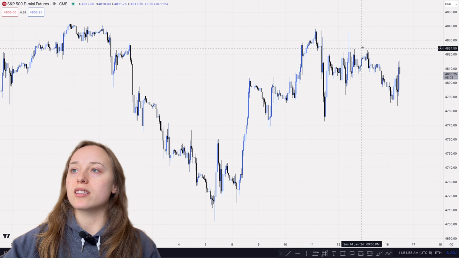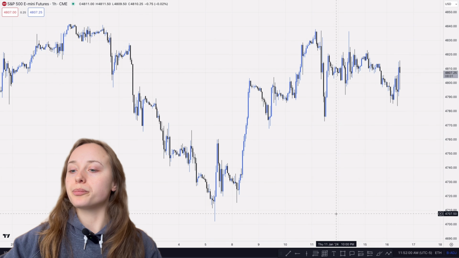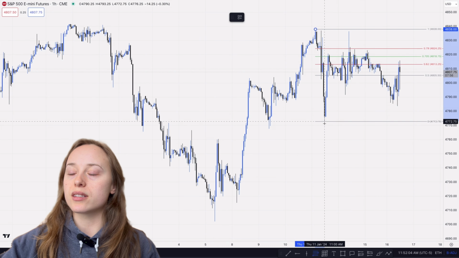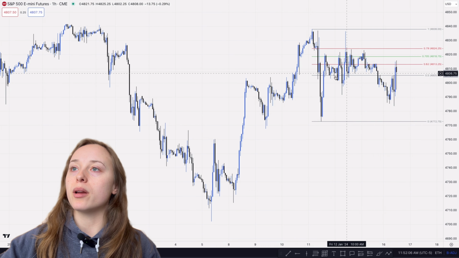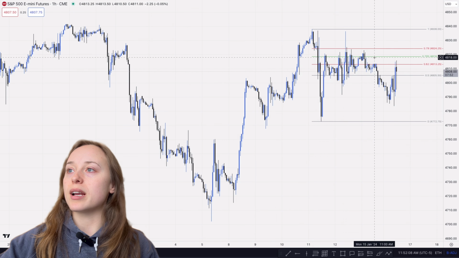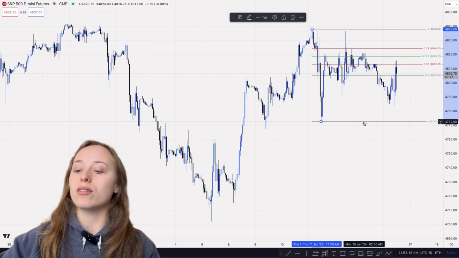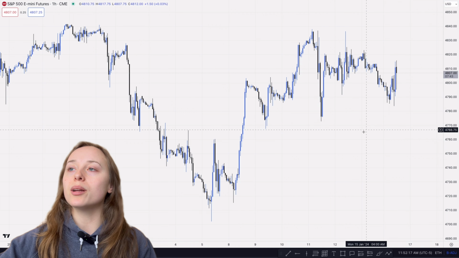We're in this consolidation range on the 1 hour time frame, but we have been moving lower, came back up to that 50% level before trading down. However, that's not what I want to be talking about today.